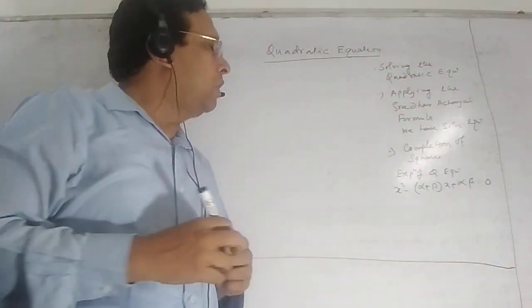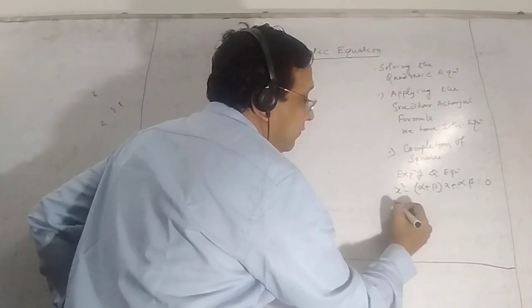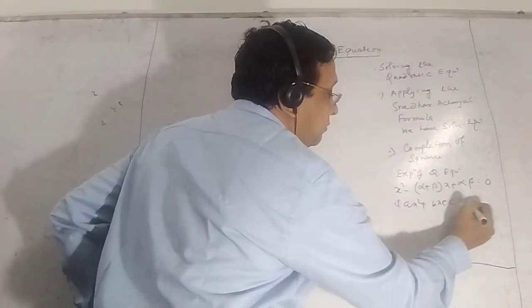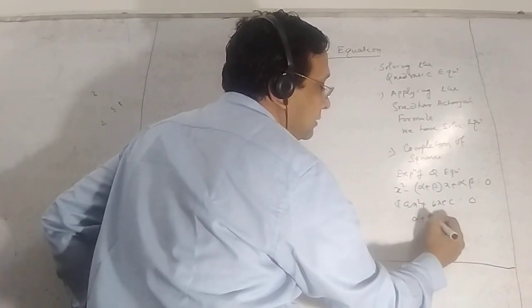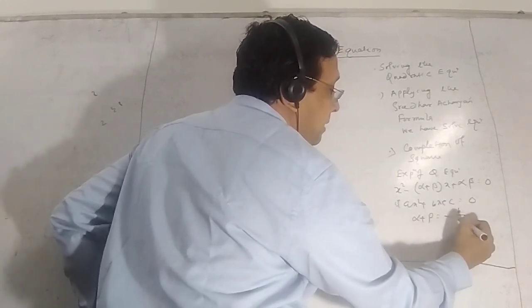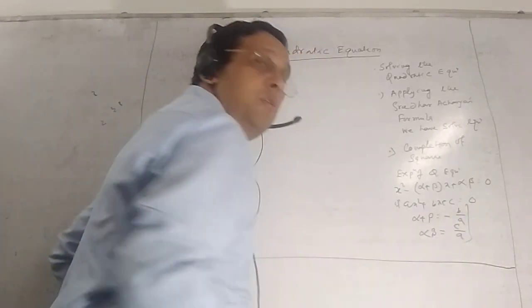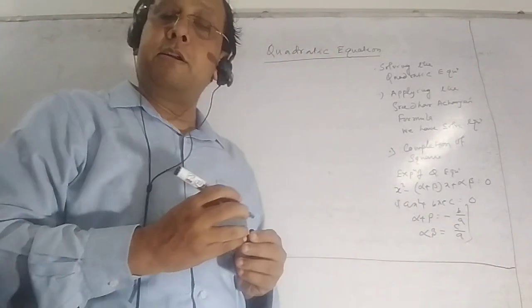So today you have also learned that if ax square plus bx plus c is equal to 0, then alpha plus beta is equal to minus b by a, and alpha beta is equal to c by a. So these two fundamental relations we have learned.